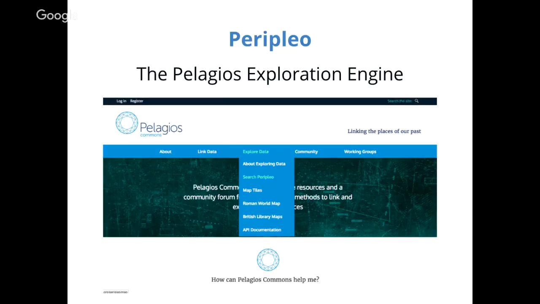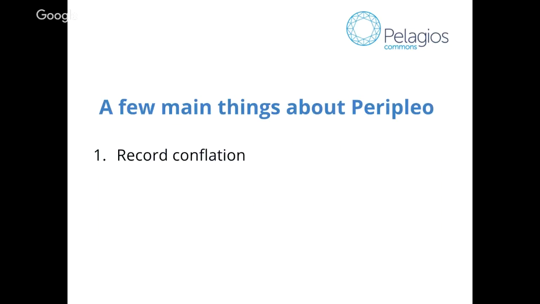investigate. So before we start, a brief simulated journey through Peripleo, this is going to be offline, I want to bring your attention to a few main points about how Peripleo works and how the information is structured.